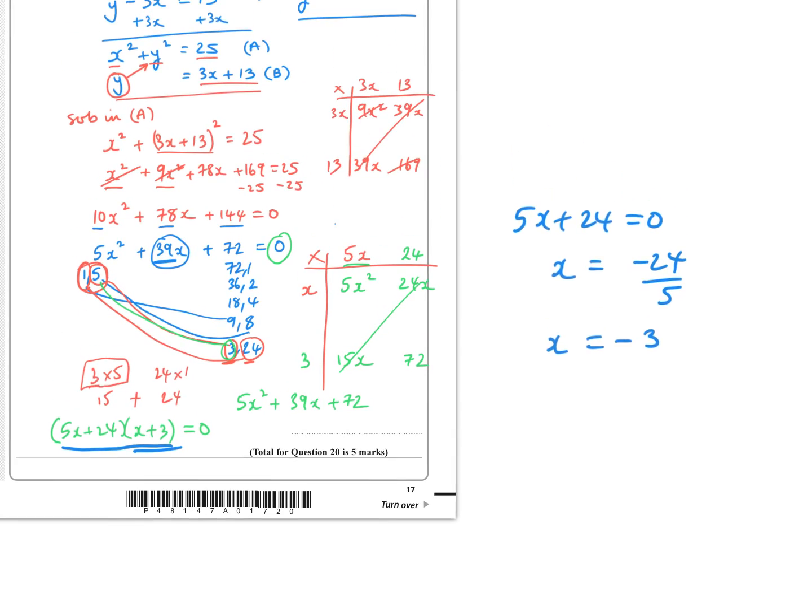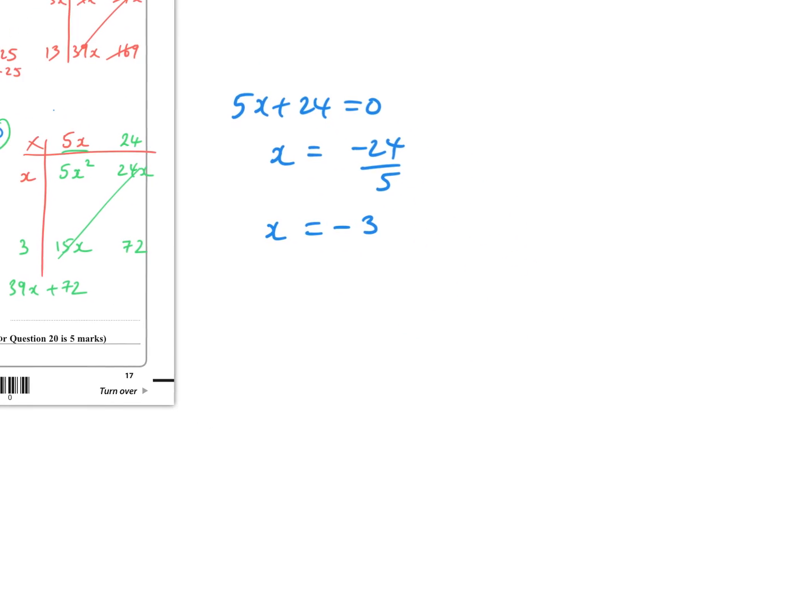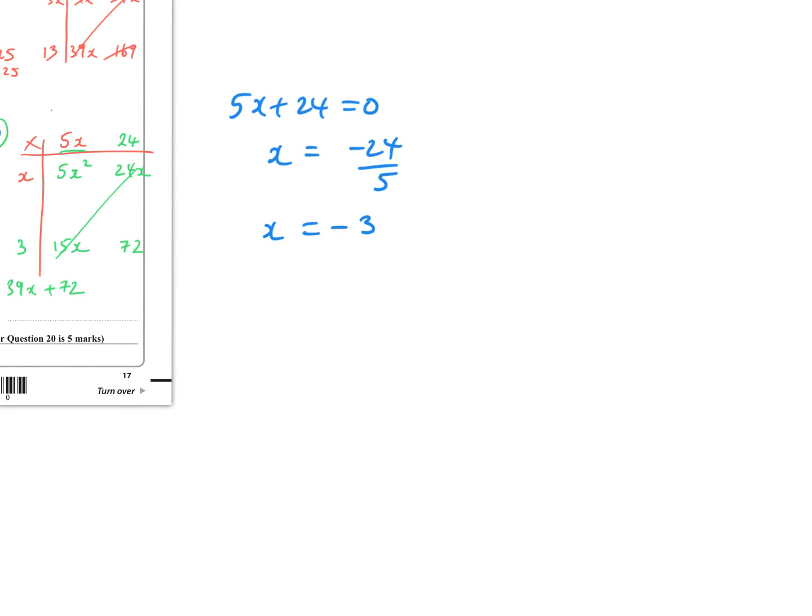the straight line will now tell us how to get the y values, and we rearrange that to be y equals 3x plus 13. So if I bring that into play here, so I'll just write that out, y equals 3x plus 13. Then it is nice because let's do the easy one first.